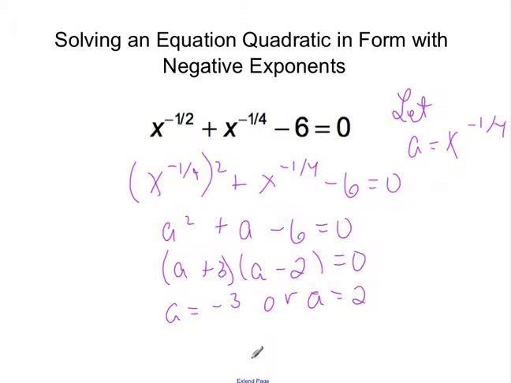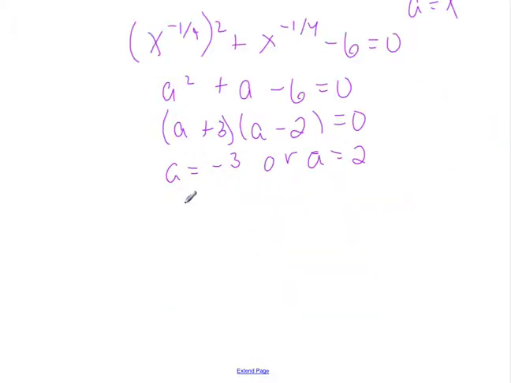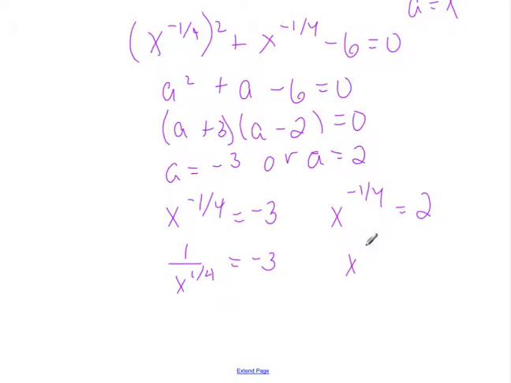Now I'm ready to substitute back in. So I'm going to put my x to the negative 1/4 in for a. And from here, you've got to remember, a negative exponent really just means it's in the bottom. So this is 1 over x to the 1/4, which is equal to negative 3, or 1 over x to the 1/4 is equal to 2.